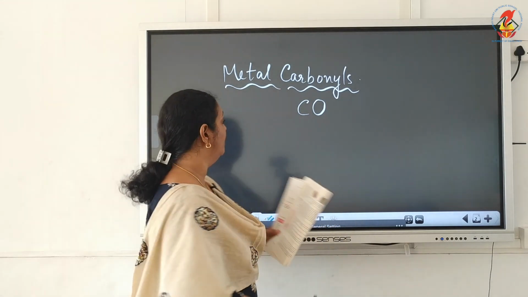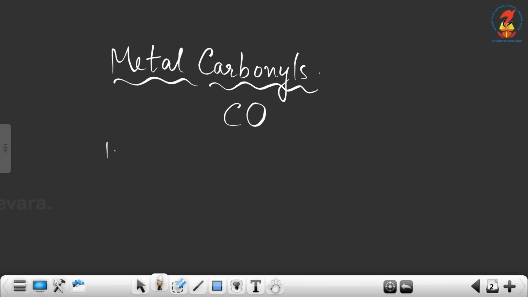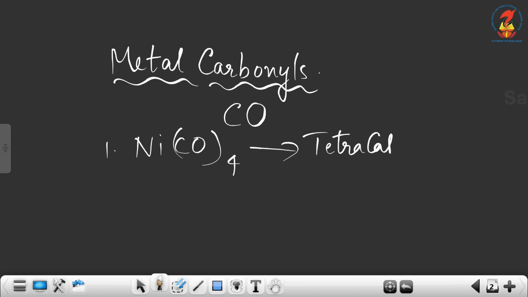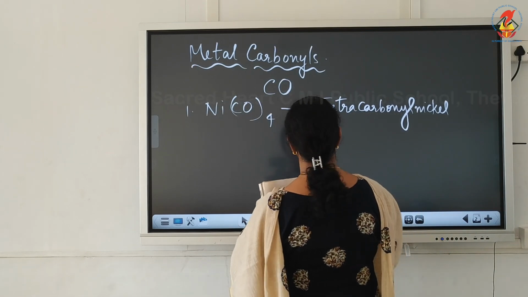The first metal carbonyl is tetracarbonyl nickel, and the formula of tetracarbonyl nickel is Ni(CO)4. The IUPAC name is tetracarbonylnickel(0), and the oxidation state of the metal is 0.